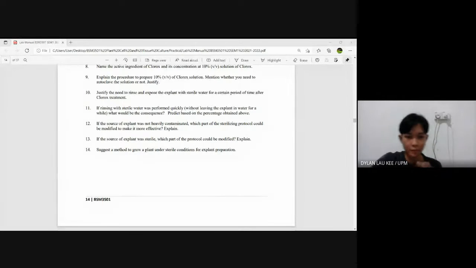Anyone? Okay, for this last question, I think there are a few methods to grow plants under sterile conditions. But since it asks to suggest a method, I think micropropagation can be done to grow a plant under sterile conditions. This is because the totipotency of plants can regenerate shoots and roots.